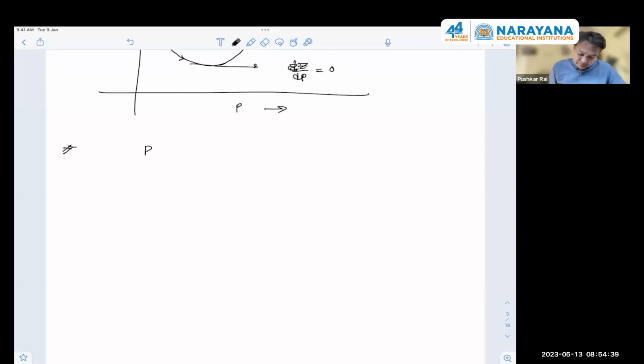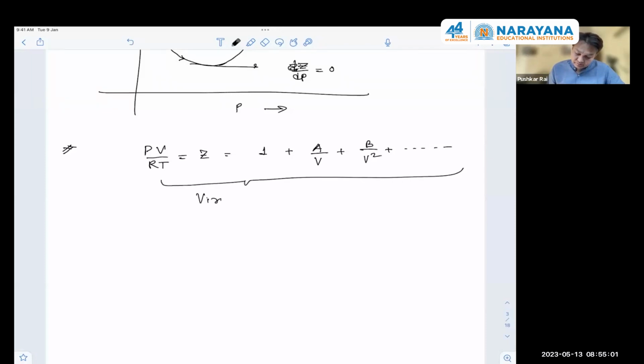We know that PV upon RT, which is Z, is equal to 1 plus, let's call it, A by V plus B by V square plus and so on. That is called the virial equation in terms of volume.